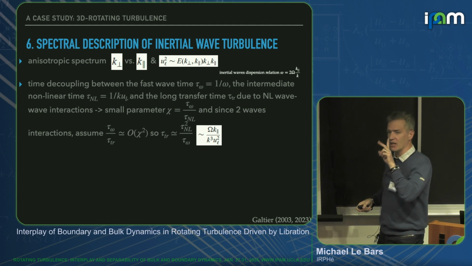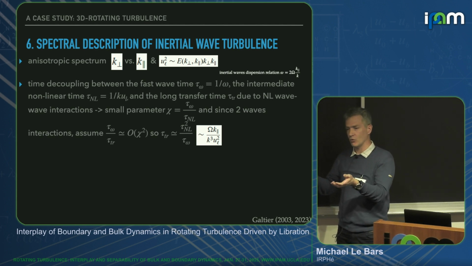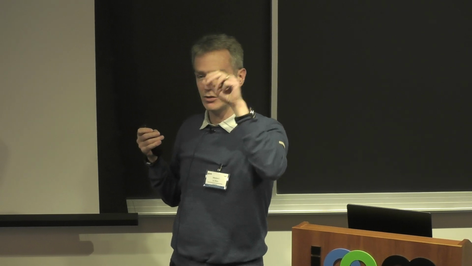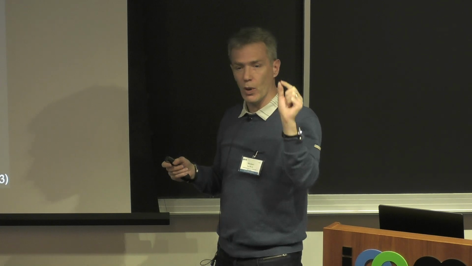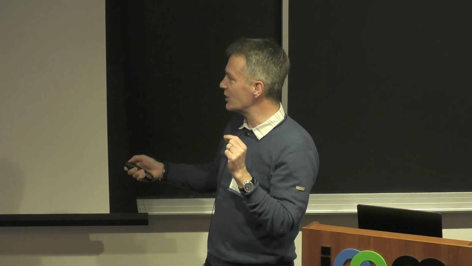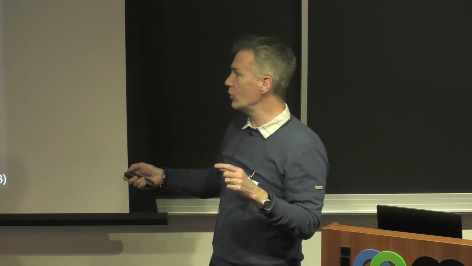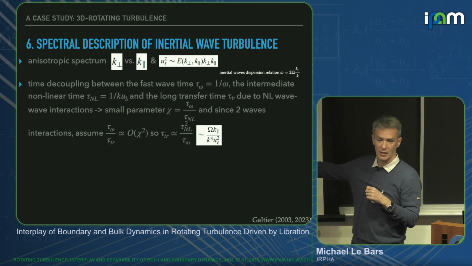And the third time scale is the time scale for transfer of energy. You remember that in inertial wave turbulence, with three-wave resonance, the transfer takes place through wave-wave interaction. So the hypothesis is that the typical timescale for wave-wave interaction is second order in the nonlinear term when non-dimensionalized by the typical fast timescale of the waves.